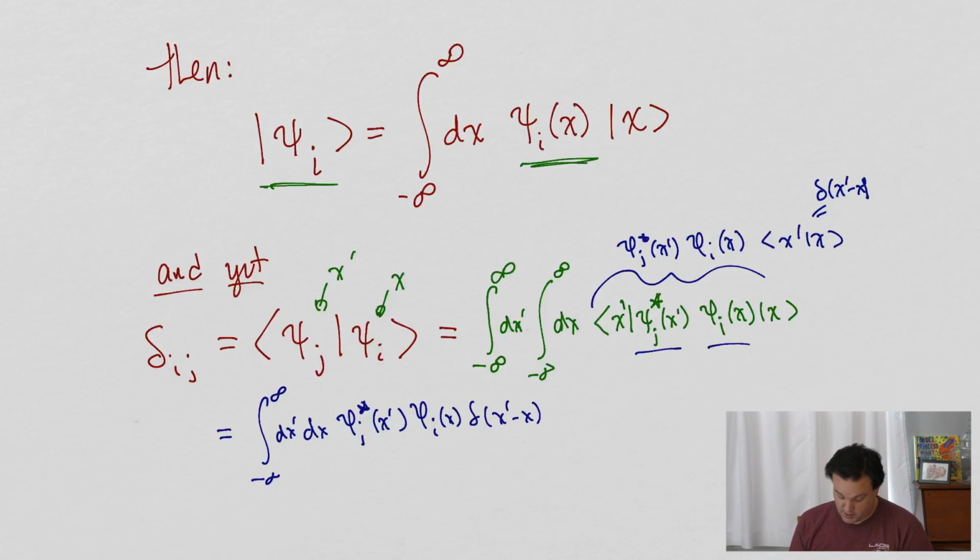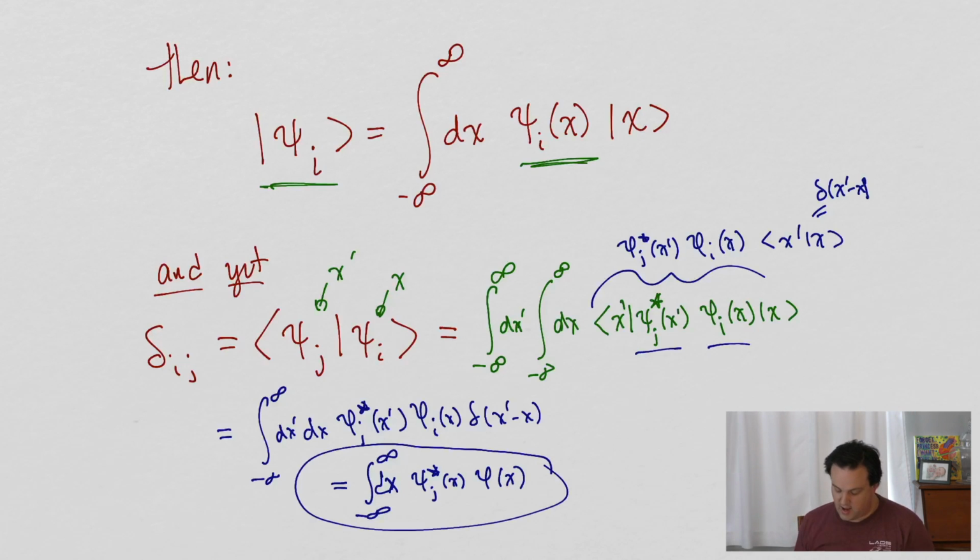I'm going to change the x primes to the x's. And so now I get the integral from minus infinity to infinity of dx, right? Because I did the dx prime integral, of psi j star of x, psi i of x, okay? And so this thing now that we've derived here is an integral that I can do, right?